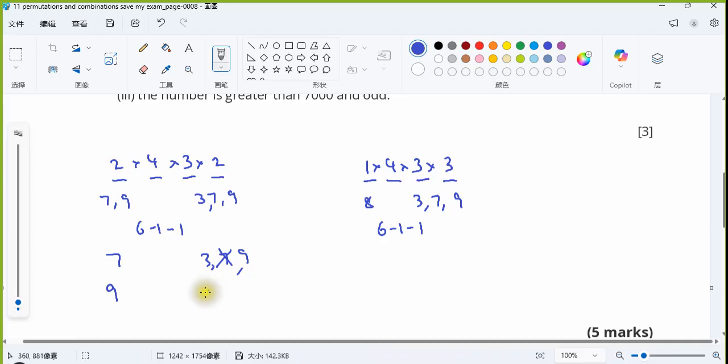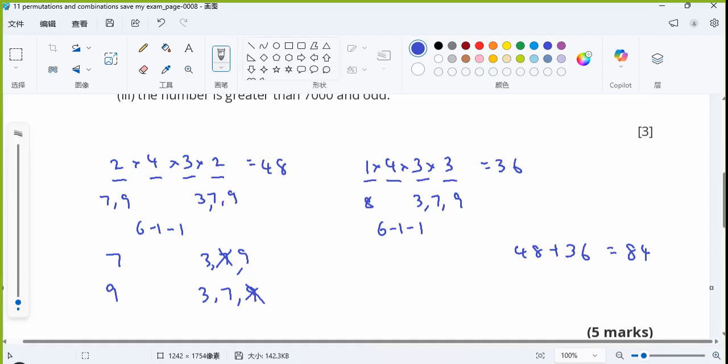If we start with 9, then we cannot end with 9. Okay, so 2 choices at the start and then 3 choices at the end. So 36, and then 48. And 48 plus 36 is 84. Okay, so the answer is 84.